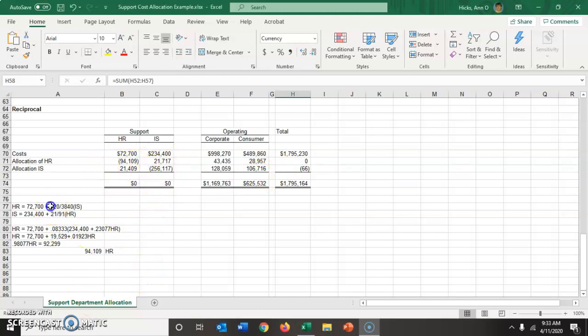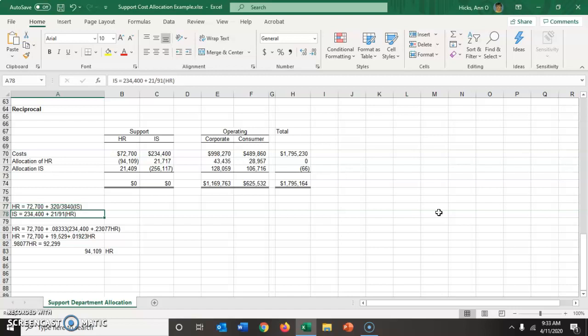This is a little more complicated and requires the use of simultaneous equations, if you think back to your algebra. And so what I've done here is I've identified the fact that HR costs at any point in time, in this case, would be the $72,700 plus their share of information systems, their proportionate share, 320 over 3840.